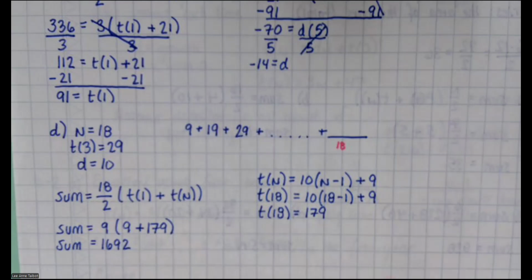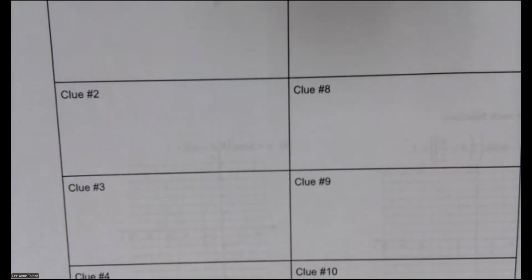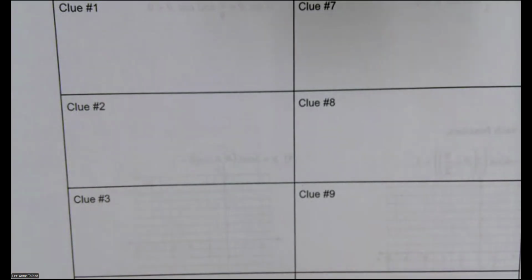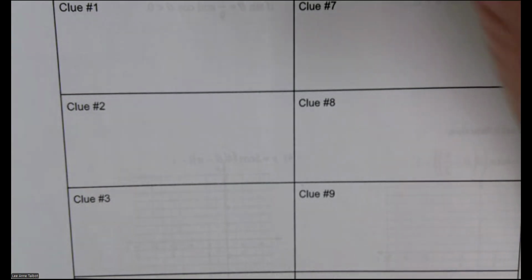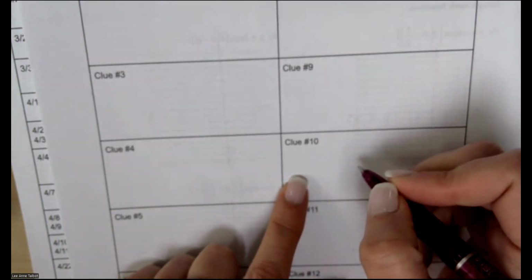So 10 requires multiplication. I don't know if you're trying to add them. But it said for number 10, there are 18 boys and 17 girls. The teacher wants to select 2 boys and 2 girls to represent the class. Okay, so first of all, they're both the same, so it's combinations. Does that make sense? And you do a separate one for the boys and a separate one for the girls and multiply.